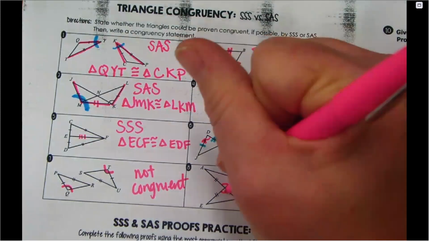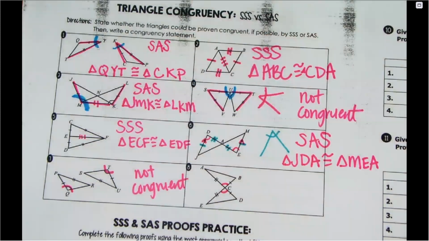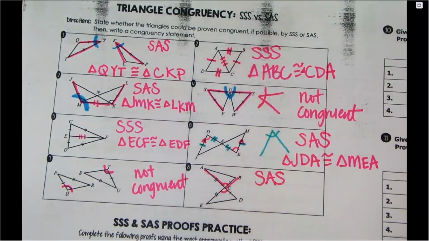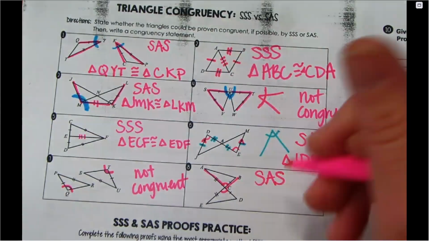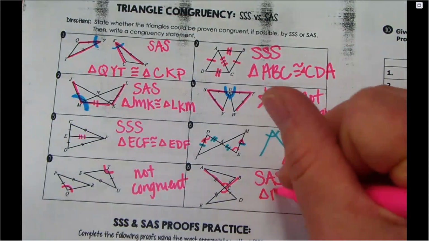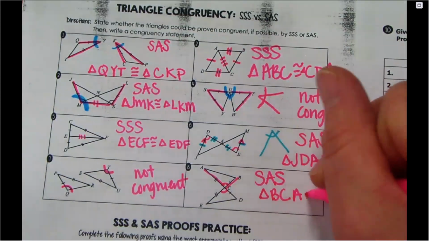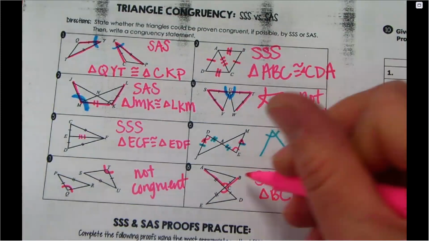Those are vertical angles. So we have the sides on the opposite, surrounding that. So this is side angle side. And I'm going to call it triangle BCA and DCE.